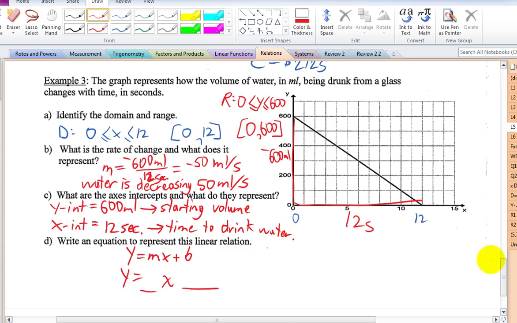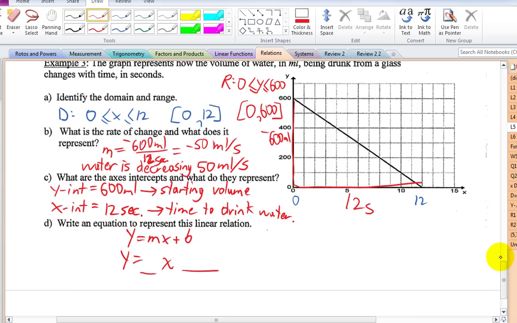Good. Then your equation, your slope is -50. That was calculated above. And your y-intercept you just found is +600. Super easy equation because you already found all the information.